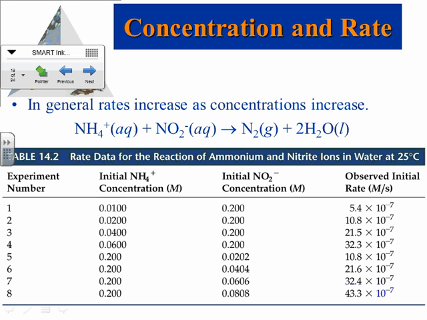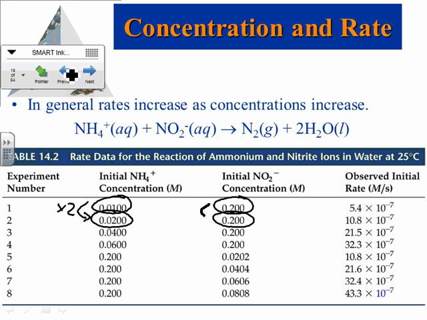So notice what they're doing in this particular experiment. They're saying, we know that rate generally increases as concentration increases. So we're going to start out with an initial concentration of 0.01 for the NH4+ and 0.2 for the NO2-. Then in our second experiment, we're going to double our concentration of the NH4+, but leave the NO2- concentration the same.